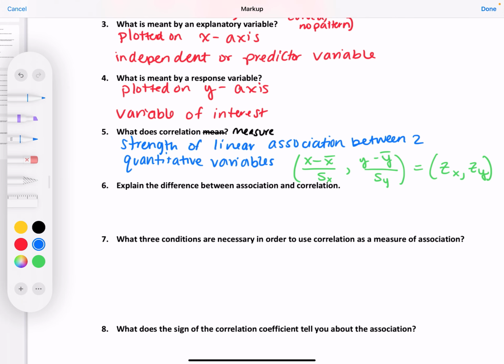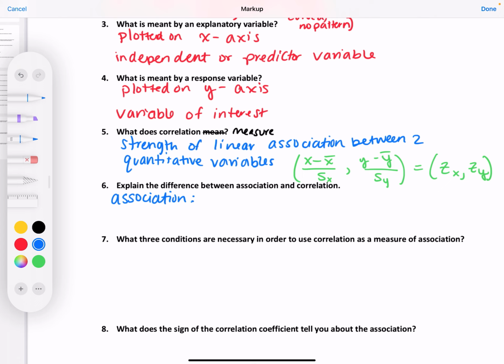Explain the difference between association and correlation. So what's association? I can explain how they're different. A correlation, whether it's positive or negative, kind of says which direction the association goes. That makes sense. Yeah.